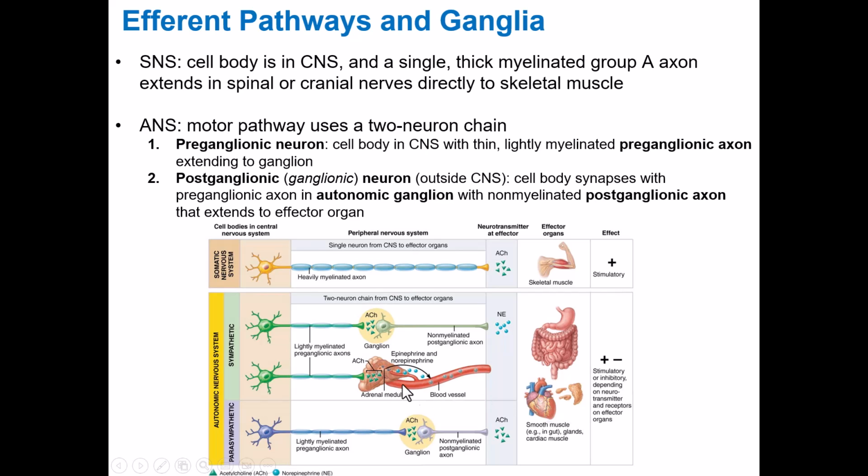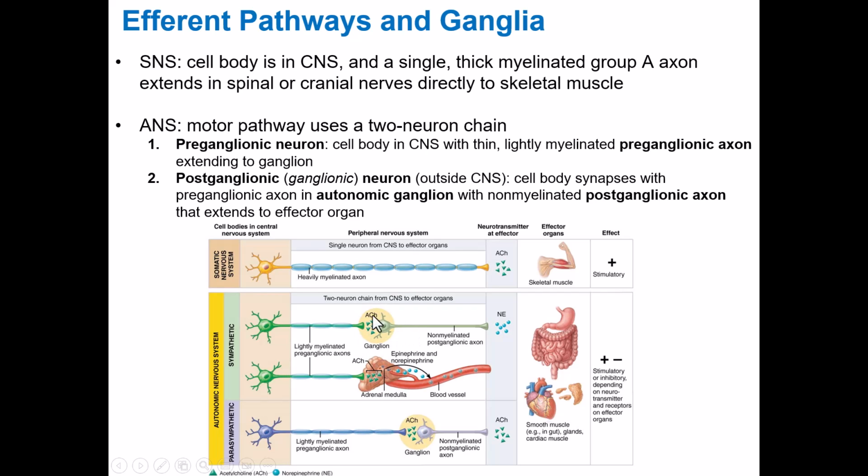Now, we had discussed the term ganglion in class. Remember, a ganglion is a collection of cell bodies from neurons that are bunched together. Well, this will also be the case in the autonomic nervous system. You don't just have one set of neurons in each nerve. You've got lots of neurons in each nerve, and they all line up with one another in parallel.